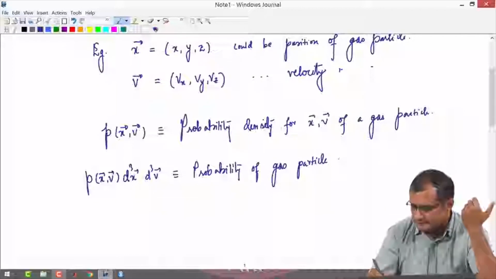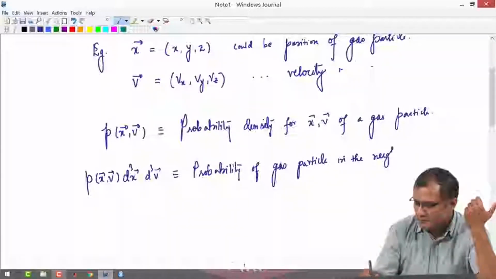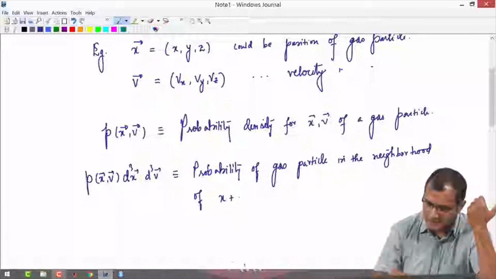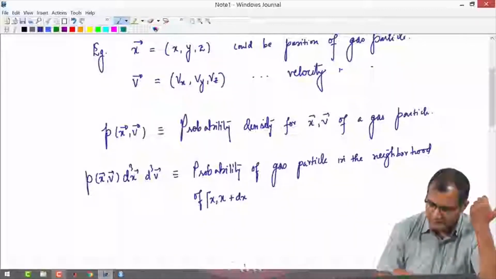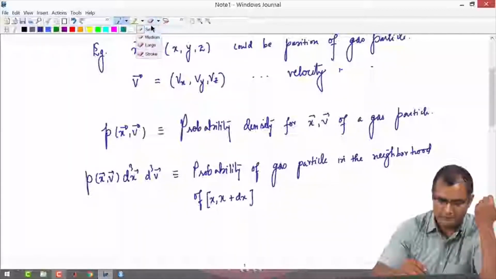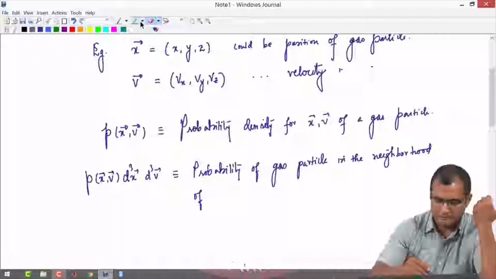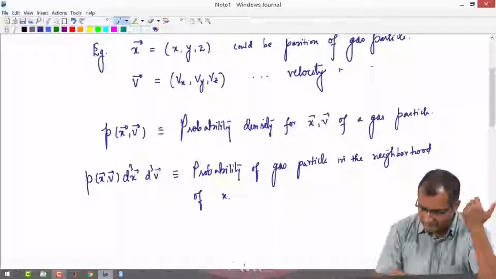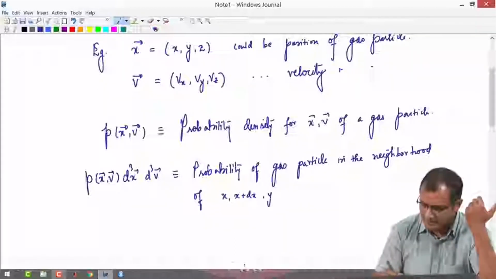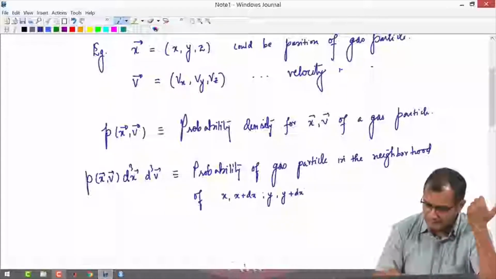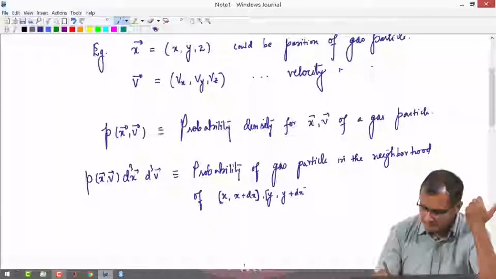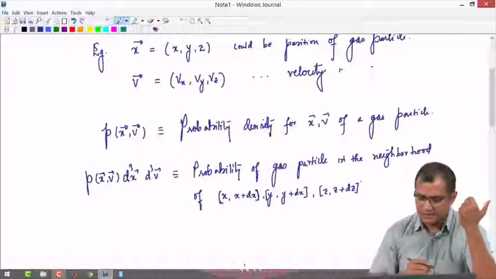in the neighborhood of x plus dx, y plus dy, z plus dz, and the velocities.